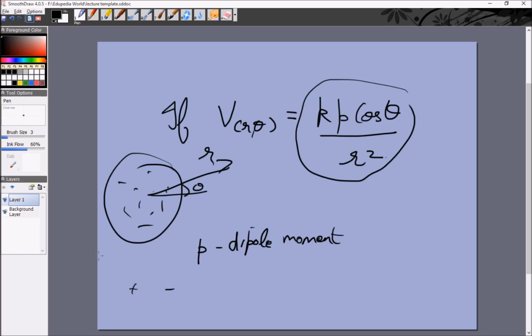The advantage is, for example, if we have a water molecule which has 2 hydrogen and an oxygen here, since the oxygen is more electronegative, it creates a net dipole moment. It creates a negative charge here and a positive charge here, which creates a net dipole moment. So all you need to do is somehow measure the dipole moment of a water molecule.